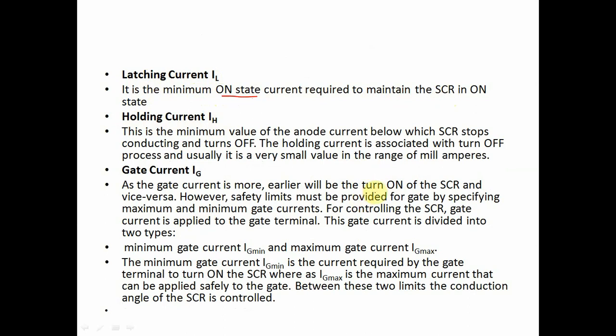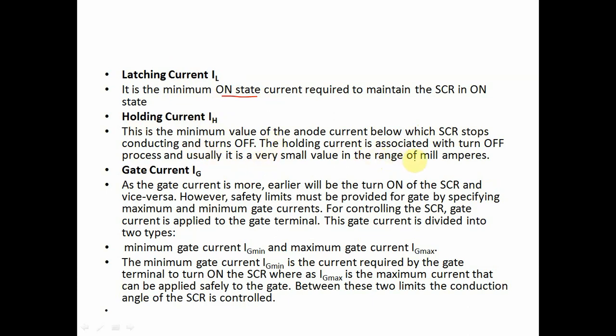This is the minimum value of anode current below which SCR stops conducting and turns off. Latching current is required to turn on SCR and holding current is related to turning off SCR.